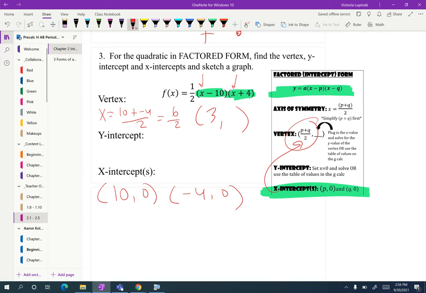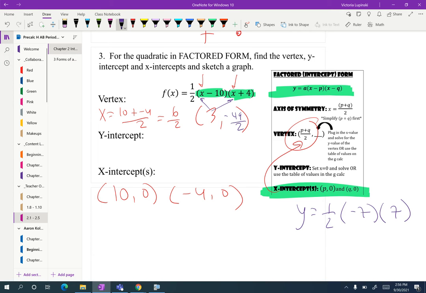Again, in order to find that something, you're going to go ahead and take that 3 and plug it into each of these x's. If you do that, you're going to go ahead and get 1/2. 3 minus 10 is -7. Then you are going to do 3 plus 4 is +7. So you're going to get an answer of -49/2.